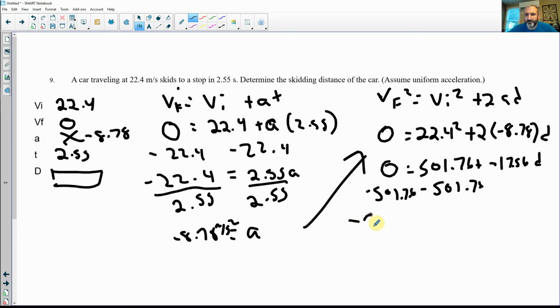So negative 501.76 equals negative 17.56 D. Divide both sides by negative 17.56.